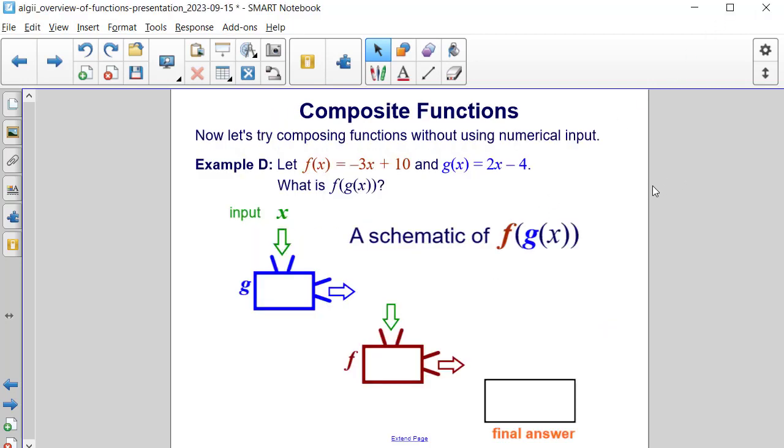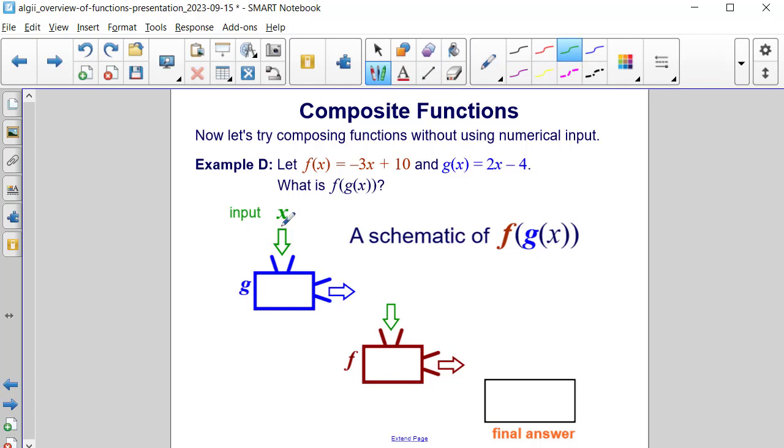Now let's try composing functions without using numerical input. Here's an example. Let f of x be equal to -3 times x plus 10, and g of x be equal to 2 times x minus 4. What is f of g of x? Well, the first step is going to be to take the x value and input it into g, and that will produce g of x, which is 2x minus 4.